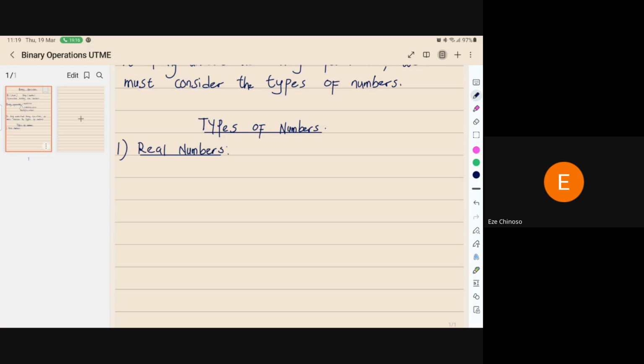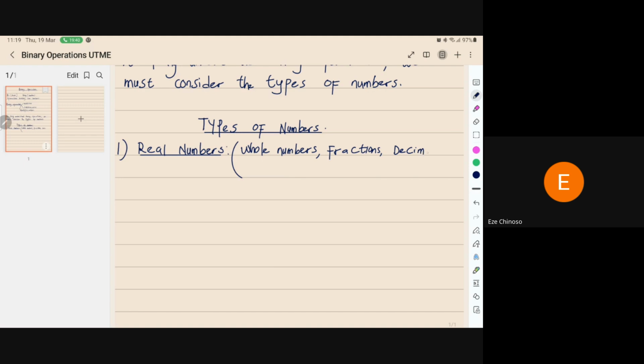So any kind of number you can imagine is your what? Your real number, right? So you can actually say that this encompasses whole numbers. It encompasses fractions. It encompasses decimals.